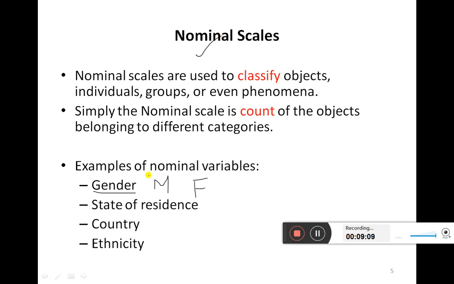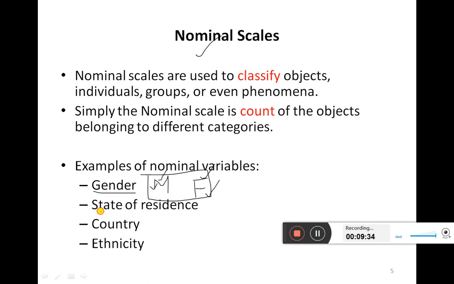Why? Because it divides the whole into 2 categories, male and female. The people who are male will tick the male category, and the female will tick the female category. So gender is a variable which only categorizes into 2 categories.